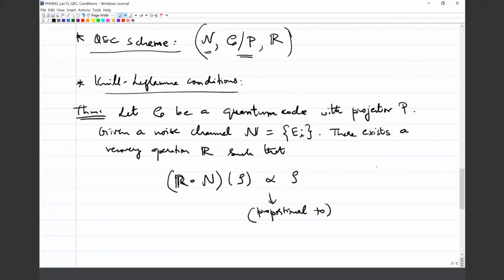For all density operators on the code space.